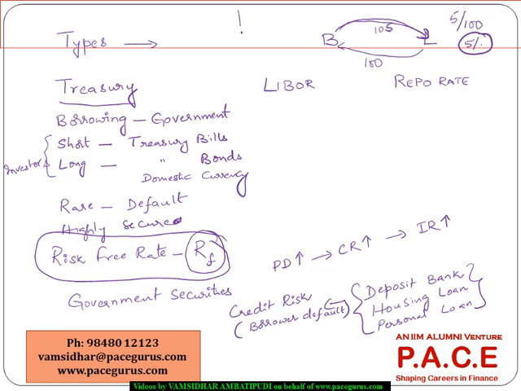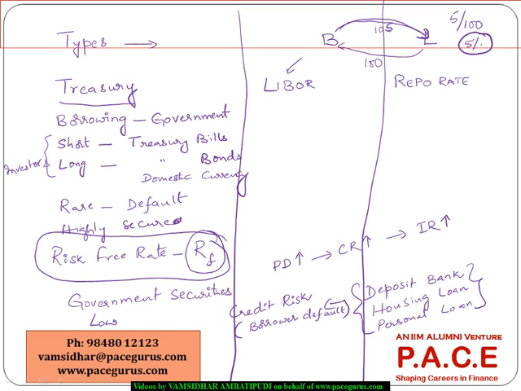But what we are seeing in the practical world is that various traders believe in using LIBOR more compared to the risk-free rate for valuation. What they typically say is that the risk-free rate, which is the treasury rate, tends to be very low in a practical scenario because of various tax and regulatory issues.